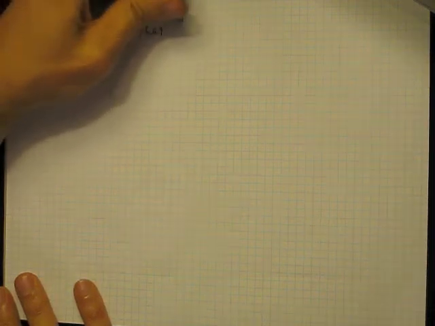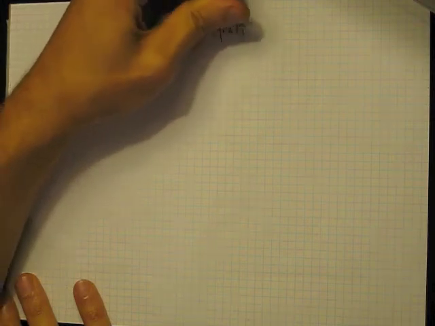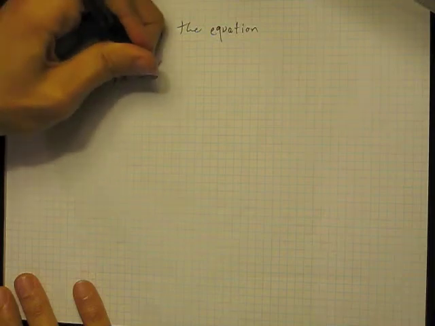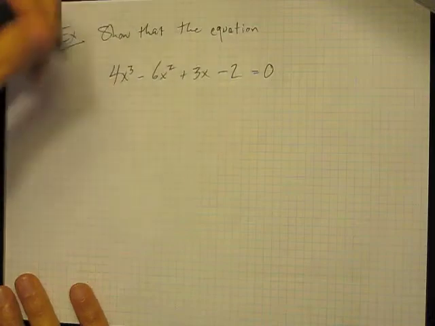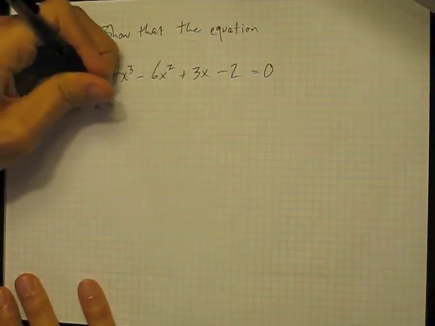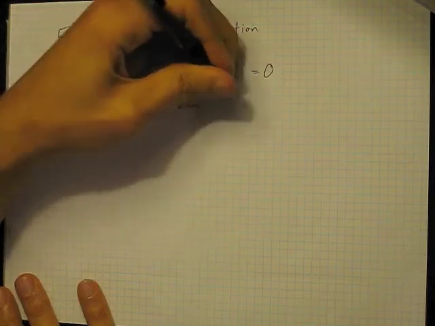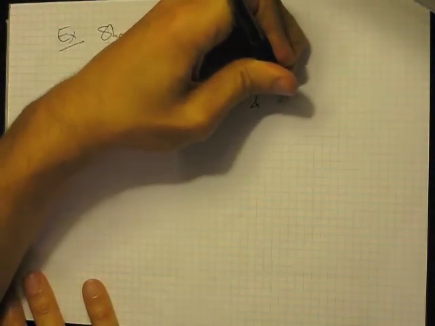Show that the equation 4x cubed minus 6x squared plus 3x minus 2 equals 0 has a root between x equals 1 and x equals 2.